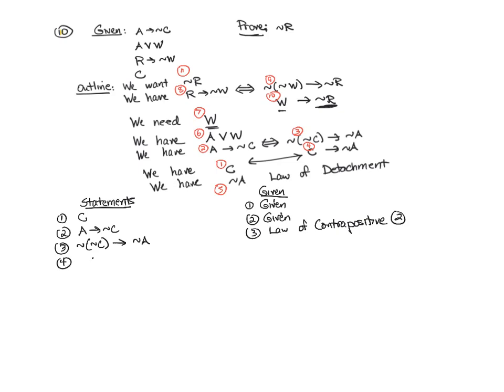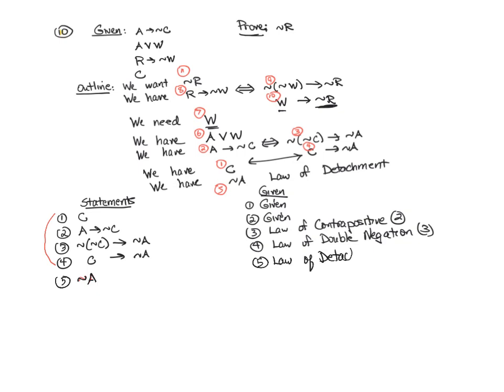And of course, this simplifies to if C, then not A. That's the law of double negation, in step 3. Okay. Now, the whole point was to put these two together to get not A, and that was the law of detachment, from steps 4 and 1, or 1 and 4, doesn't matter which order.